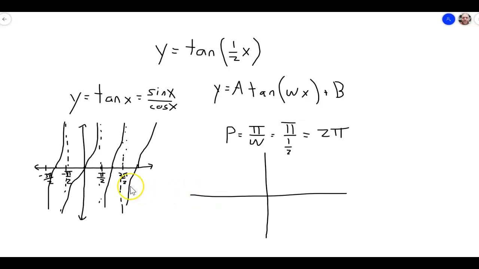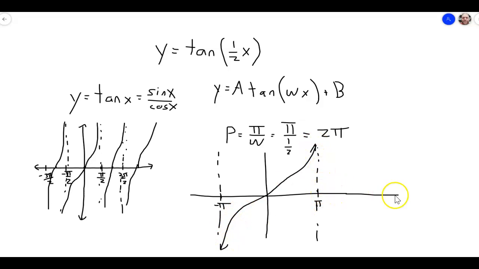Instead of vertical asymptotes at pi over 2 and negative pi over 2, we should go all the way out to pi, and all the way out to negative pi. We should have an asymptote there, and one here. And it should look something like this, and coming down like this, approaching those asymptotes.